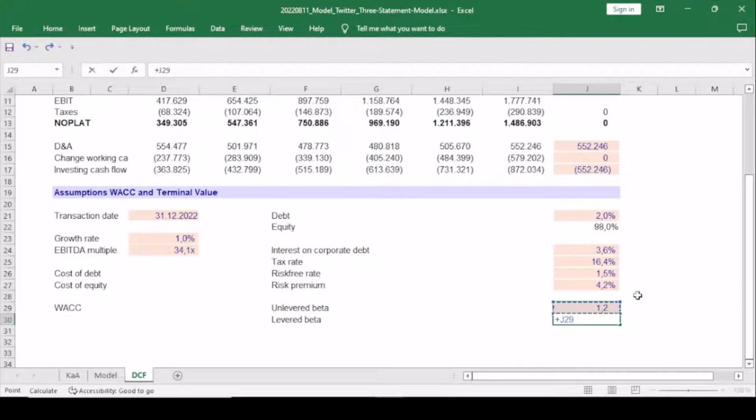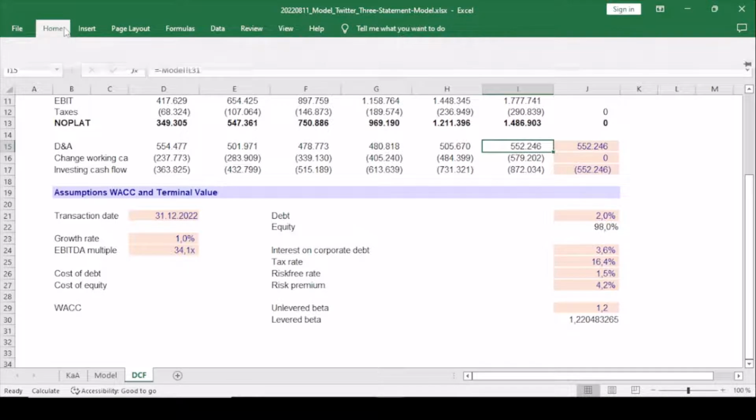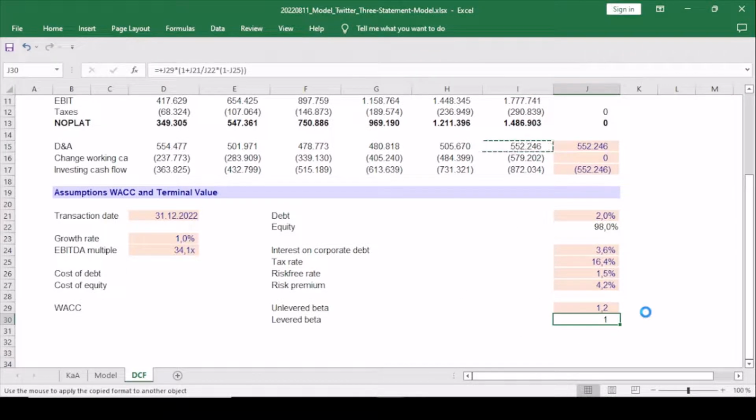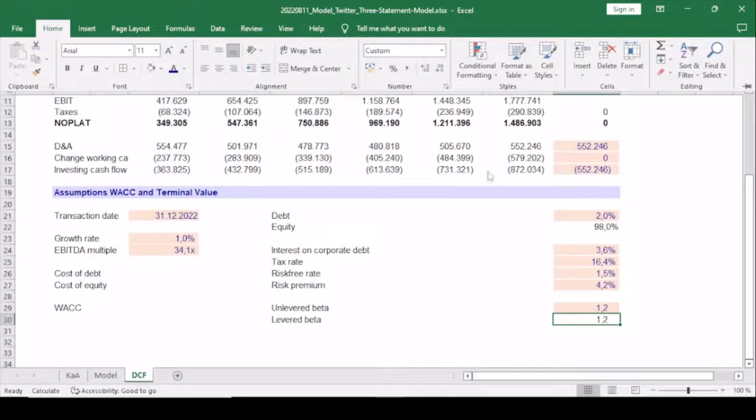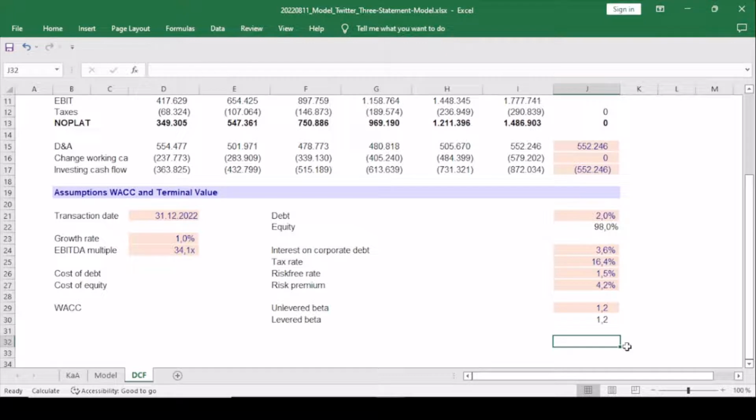So what we are doing is we are considering our leverage and the associated tax rate to consider the tax shield, which I will explain in a moment.